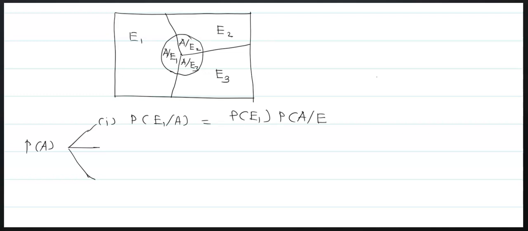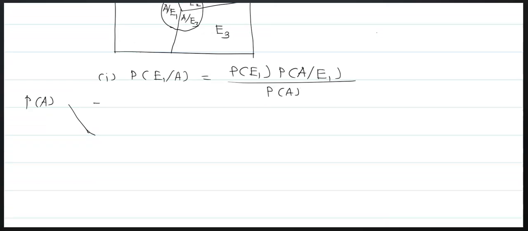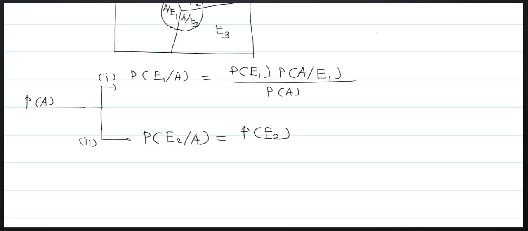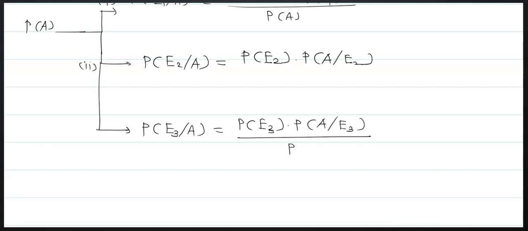Probability of E1 conditional A is equal to probability of E1 into probability of A conditional E1 upon P of A. For the second, probability of E2 conditional A is equal to probability of E2 into probability of A conditional E2 upon P of A, and third, probability of E3 conditional A is equal to probability of E3 into probability of A conditional E3 upon P of A.